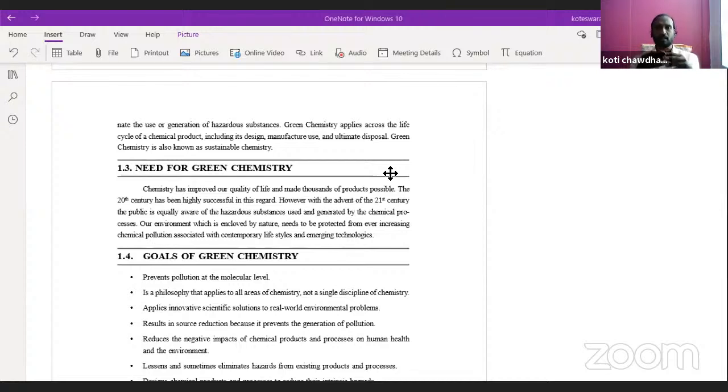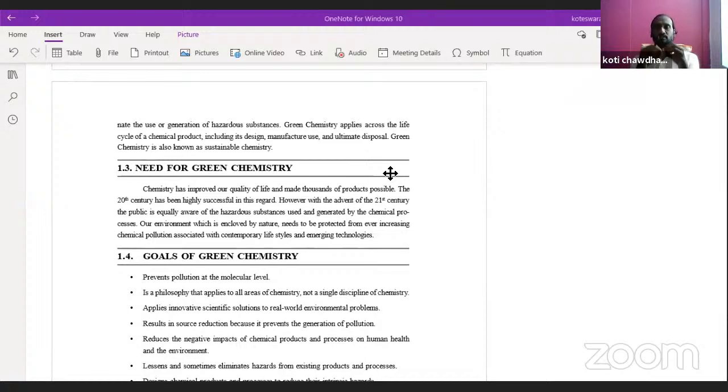A revolutionary thing happened in the 20th century. So many chemicals came to the market and people were using them, but they were not aware of how harmful they were. But in the 21st century, everyone is thinking about how harmful it is, how hazardous it is to us.